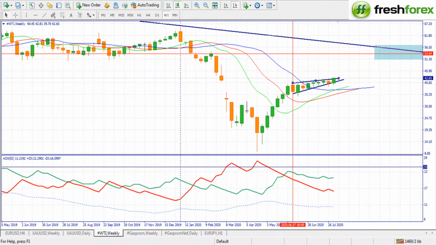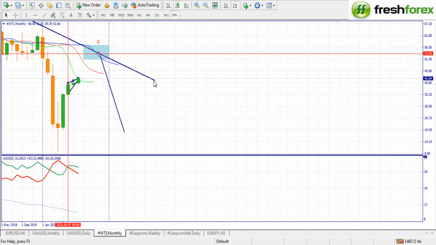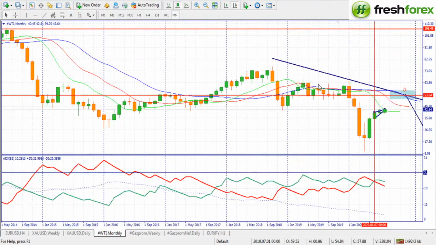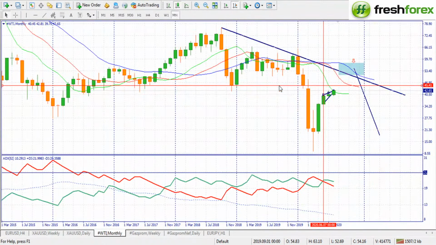So we also want to look at the same chart from the weekly point of view. Look at this. This is the exact same trend line we had on the monthly chart for Brent oil. If you move this line from that point to this level, you can see that we expect a sell in the near future.